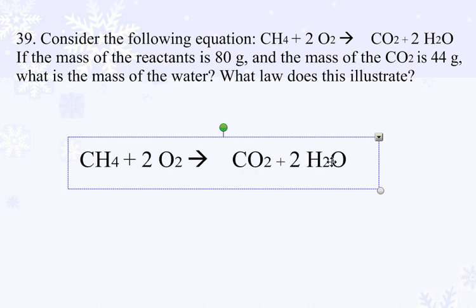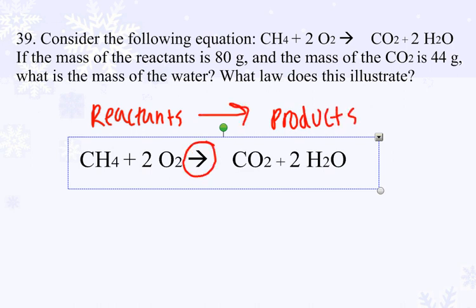I need to know what products and reactants are. The reactants are on the left side, and the products are on the right side, and they're separated by an arrow in the center. So the CH4, which is just a hydrocarbon, and the oxygen are my reactants, and the products are the carbon dioxide and the water.